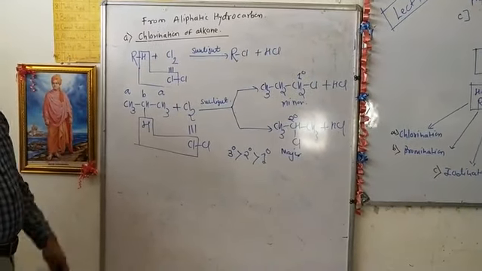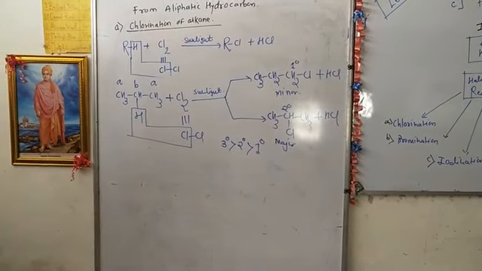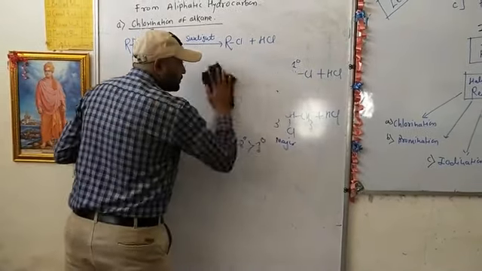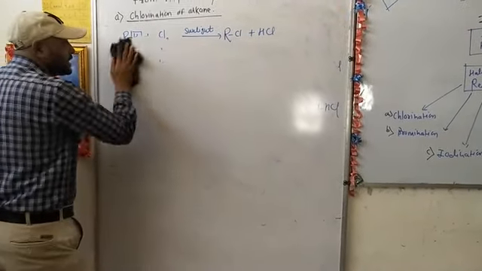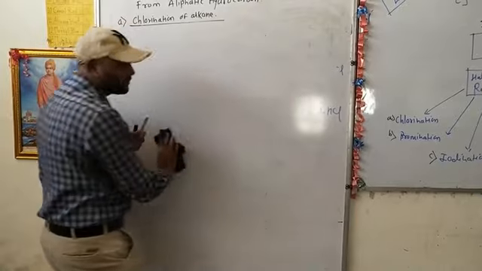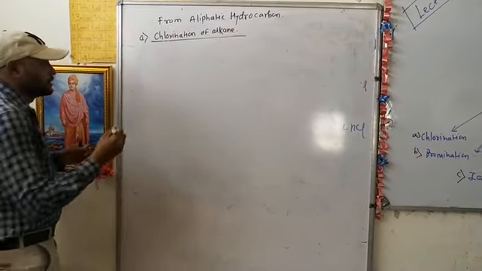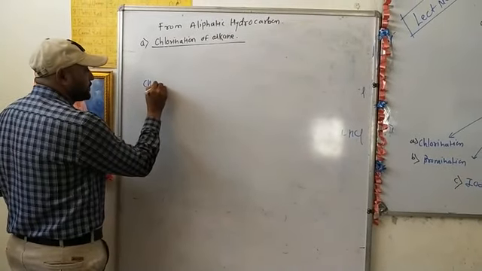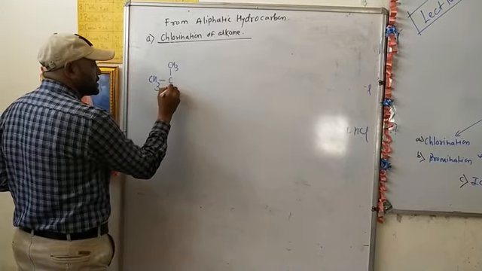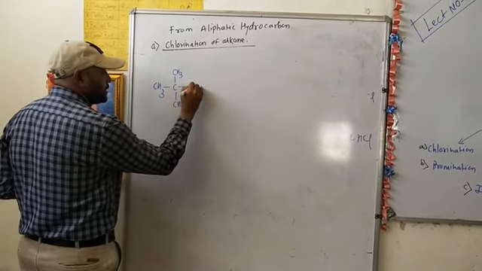Let us discuss one more example that's very important under chlorination. CH3, C, CH3, CH3, CH3.